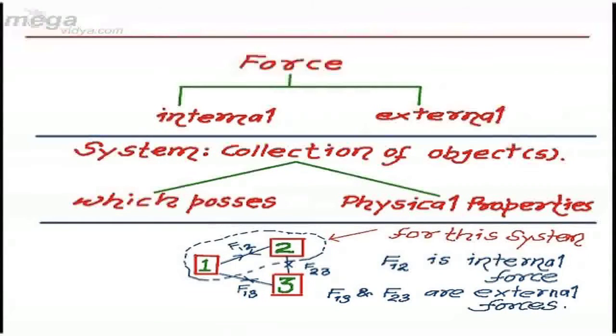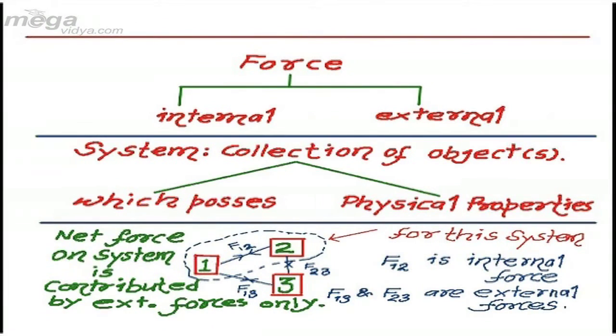Always remember, internal forces are always action-reaction pair. And if action and reaction both lie inside the system, then its net effect on the body will be 0. I will utilize this property in many cases as a weapon to solve some typical problems.